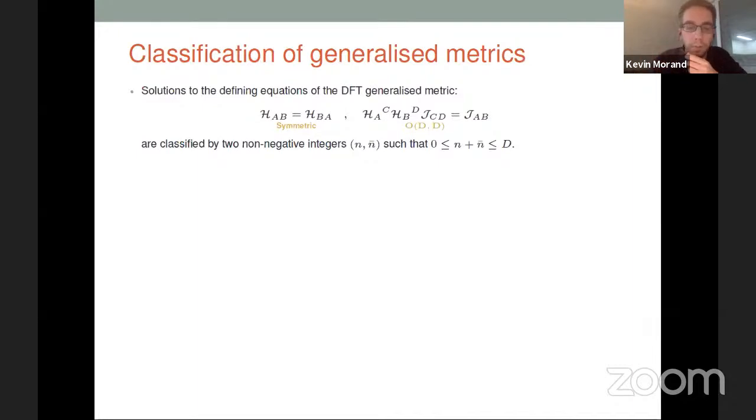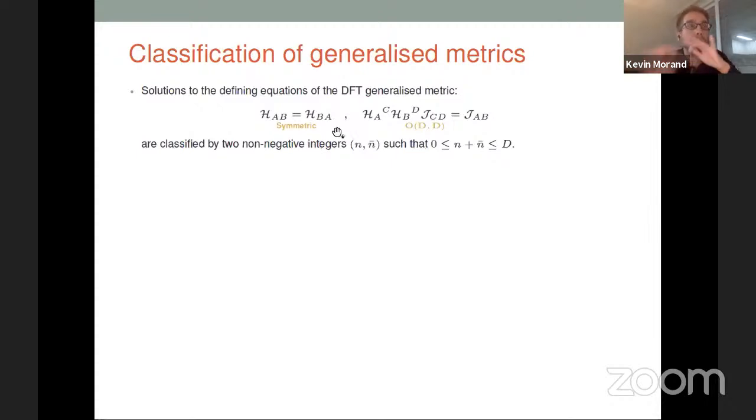Okay, so before going to singularities, let me just review some classification of generalized metrics and how non-Riemannian geometries can emerge within the DFT framework. So the DFT generalized metric is defined by two defining conditions. So it's a symmetric O(D,D) element. So one can wonder what is the most general parametrization, and one can find the most general solution to these two equations.